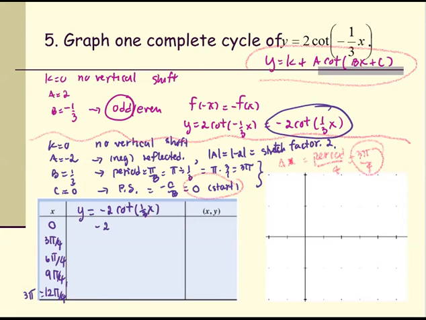And then the value from negative 2 multiplied by the typical value, or the 5 key numbers of the cotangent graph. The first one is undefined, and then 1, 0, negative 1, and go to undefined. The undefined will give us the vertical asymptote.